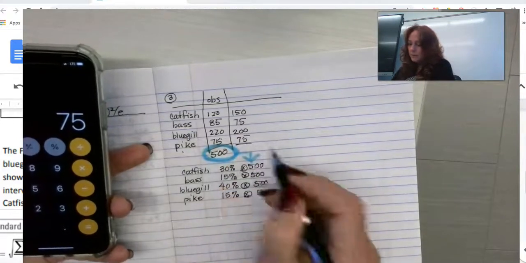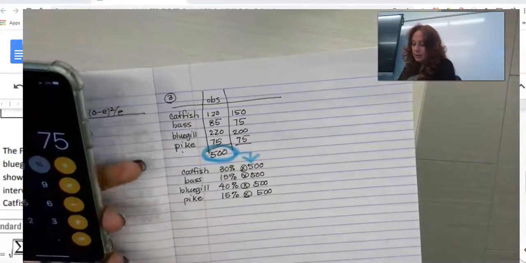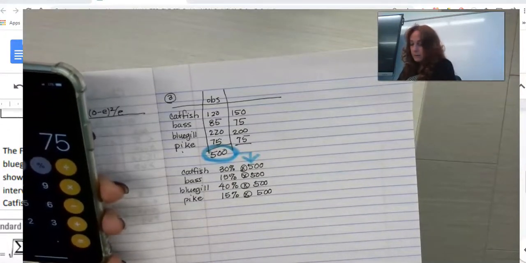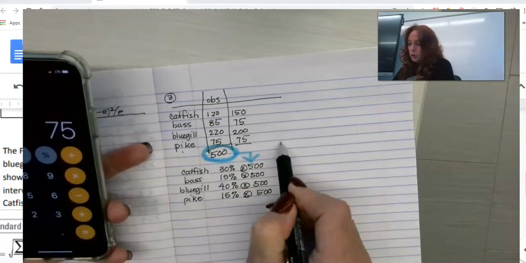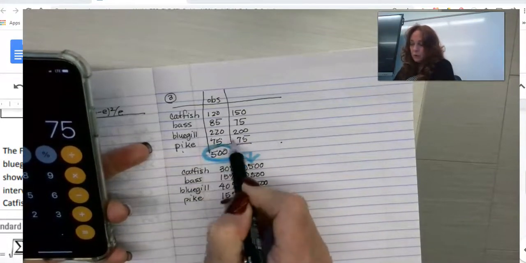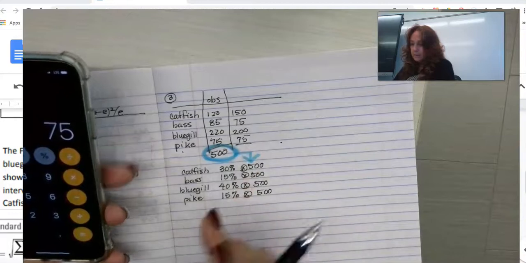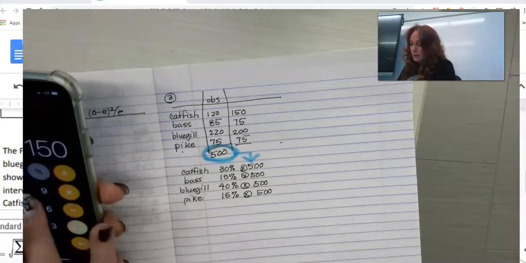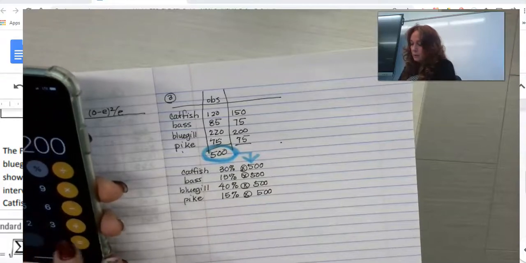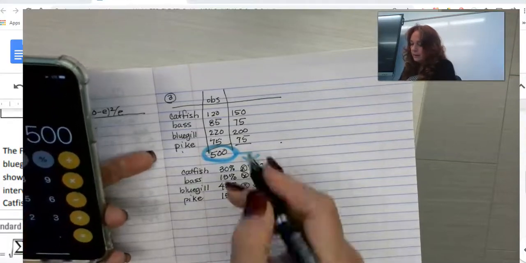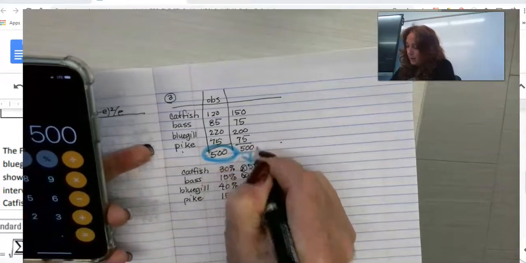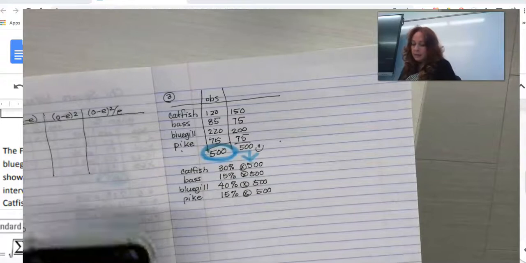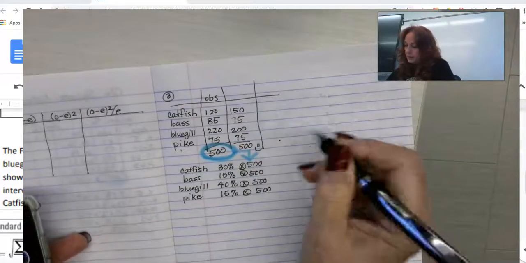So if I had to guess, I would expect a fairly nice low chi-square, which means low differences between what you observed and you expected. So I'm going to add these up now and just do a check for myself. 150 plus 75 plus 200 plus 75, and I get 500, which makes me happy. And at this point, you're going to do the same thing in the table.